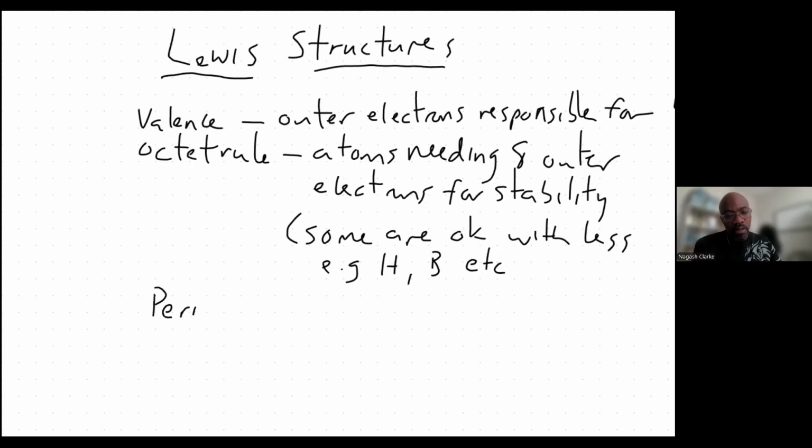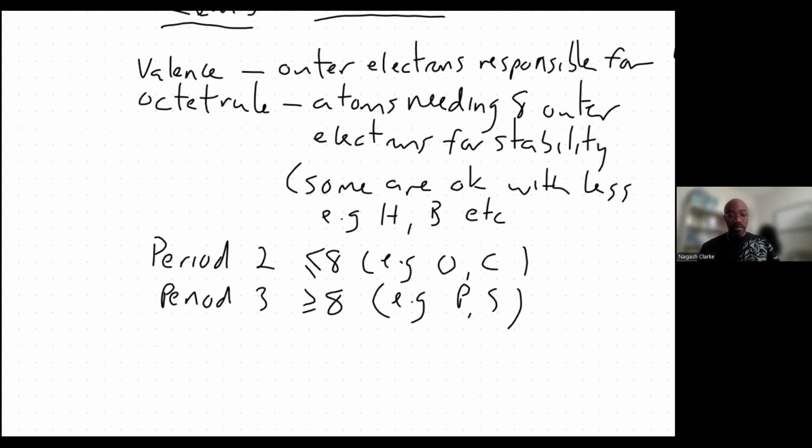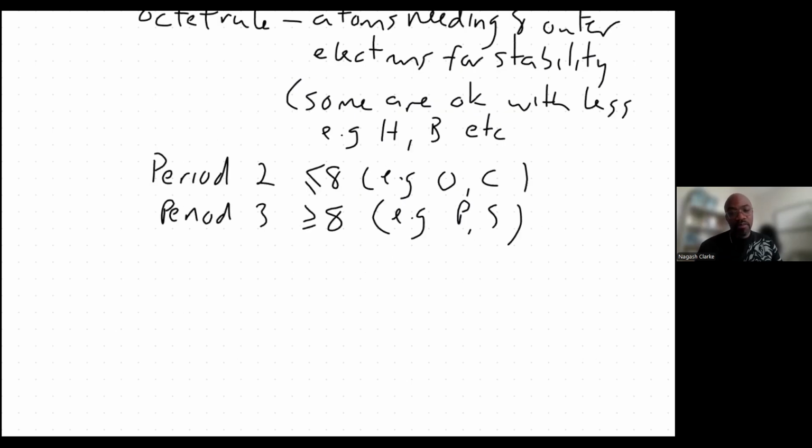Period 3, like aluminum, silicon, phosphorus, sulfur, etc., can have greater than or equal to 8. So we'll see some exceptions to the octet rule in some structures.